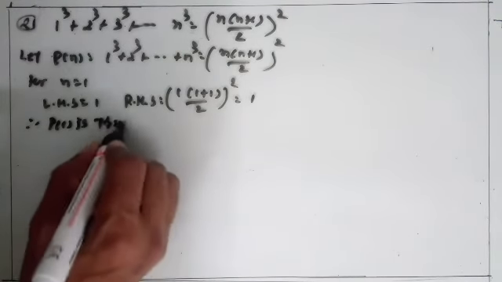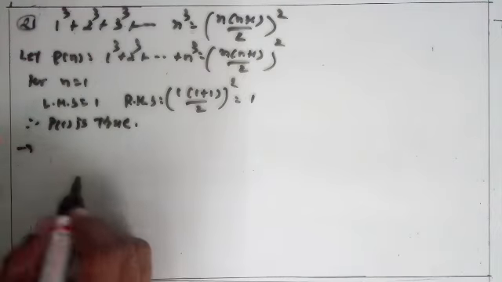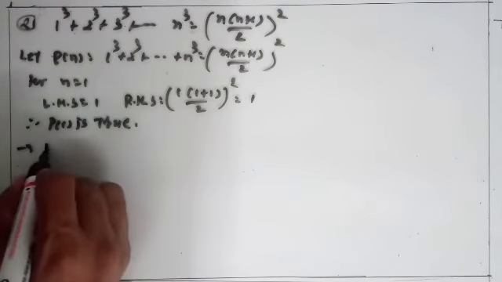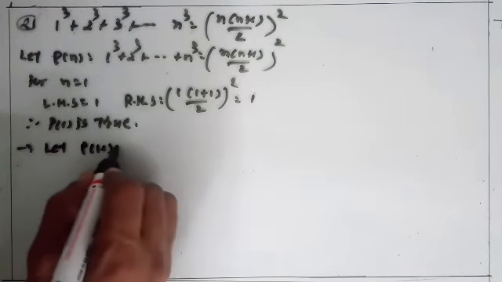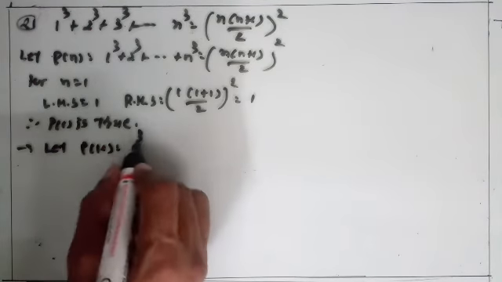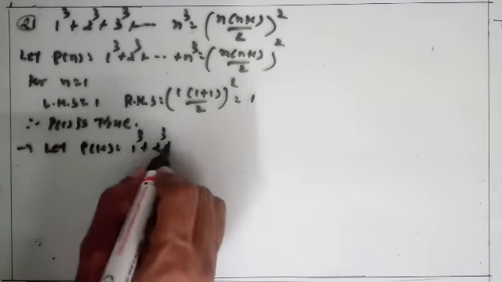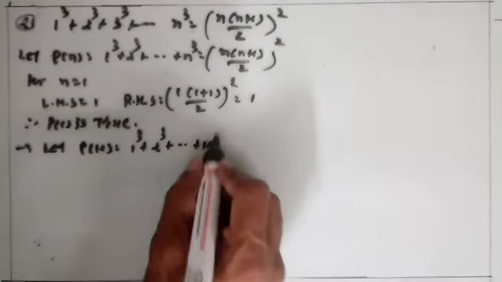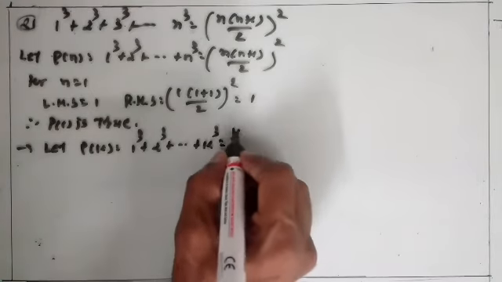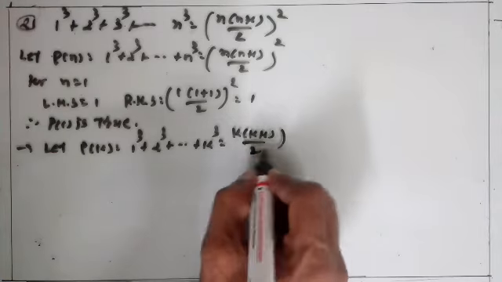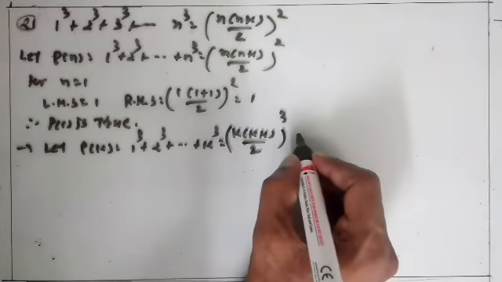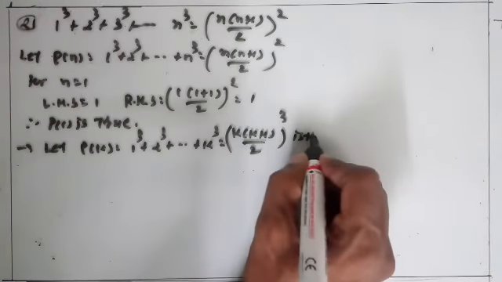Clear? Now assume that Pn is true for n is equal to k. So let Pk be 1 raised to 3 plus 2 raised to 3 plus up to plus k raised to 3 is equal to k into k plus 1 upon 2 raised to 2 is true.